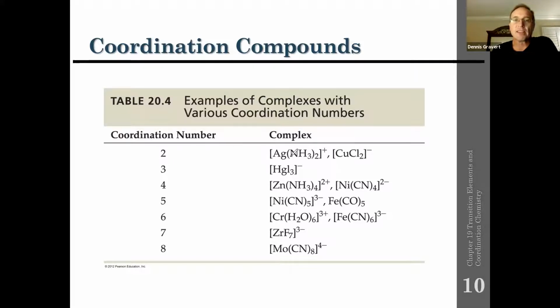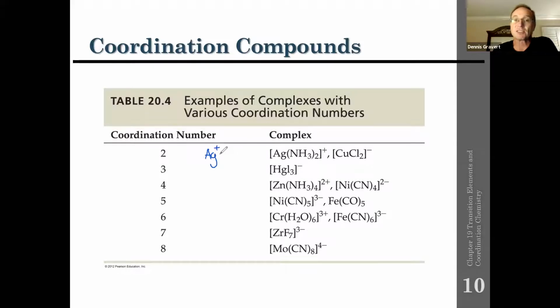So let's draw this. What's going on here with Ag, it's a cation, and then there's two ammonia molecules that are stuck to it, covalently bound to it. Okay, so the number of covalent bonds is 2, or there's 2 ligands, 2 ammonia molecules attached.